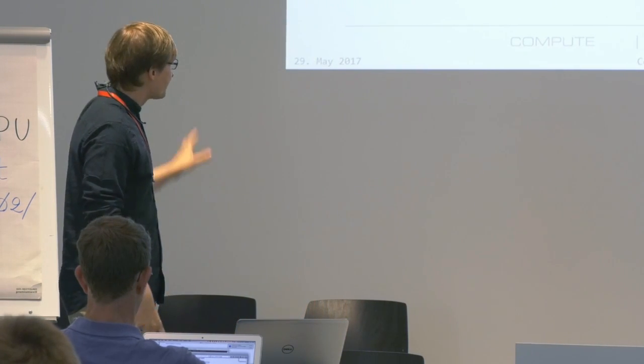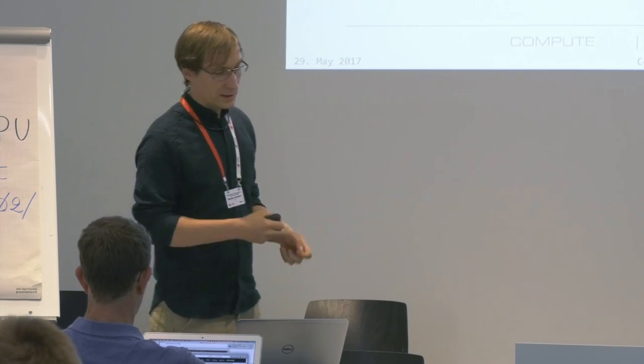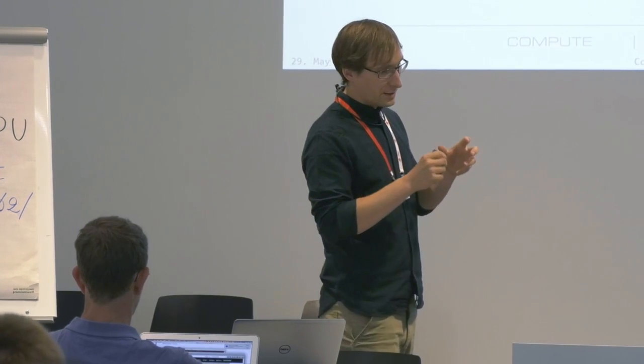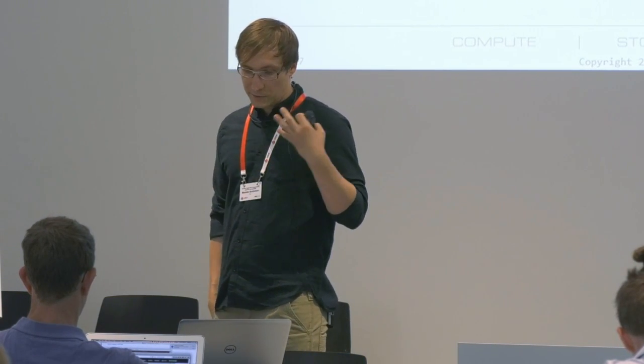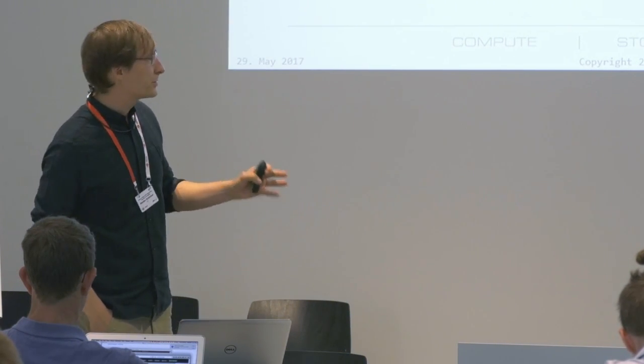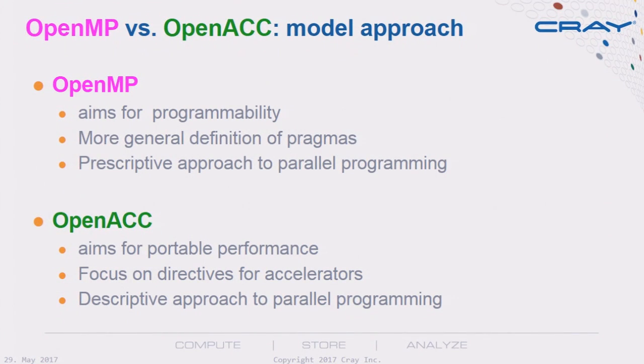In contrast to that, OpenACC was really specified for a certain hardware, so it's really focused on directives for special accelerators. So this is also a more descriptive approach to parallel programming, while OpenMP is more prescriptive, so that we say, okay, we want to do a certain functionality and then the compiler needs to transfer that somehow to our hardware.